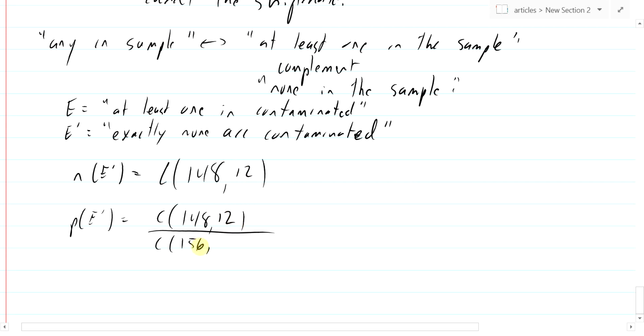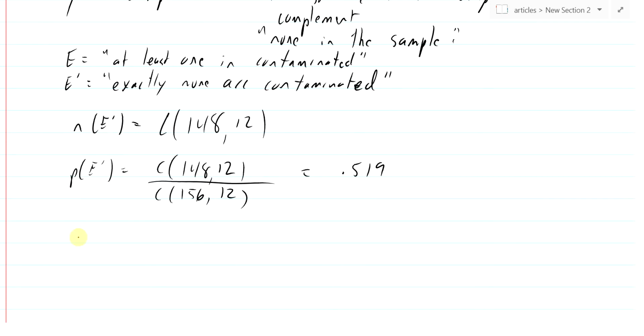How many possible choices are there of samples, right? 156 donuts, we want to pick 12 of them. So C148 over 12 over C156, 12 is 0.519. So the probability of picking a set of 12 donuts out of the 148 that are clean is, well, 51.9% of all samples are completely clean.